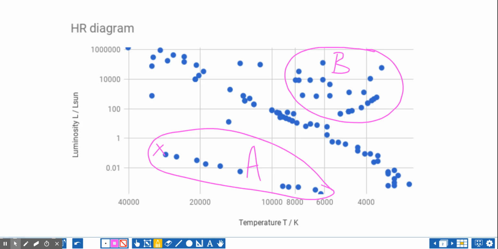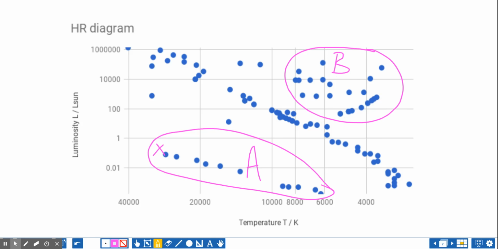So as we recall, the luminosity is dependent on the surface area, but because they're small, the intensity of the radiation, so that's the power per unit area, is quite low. These stars here must be very, very large with a great big surface area.